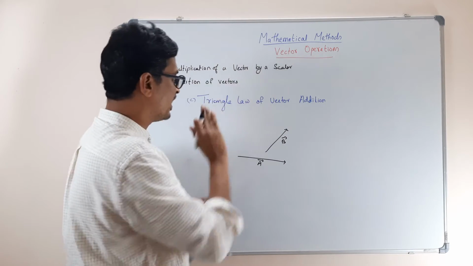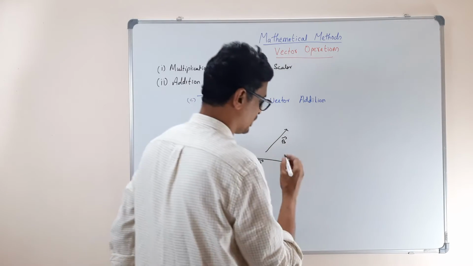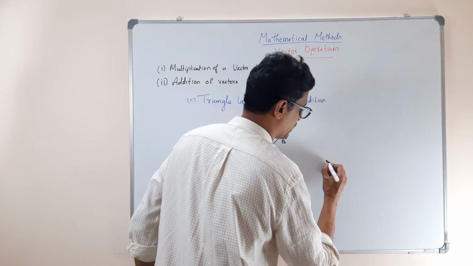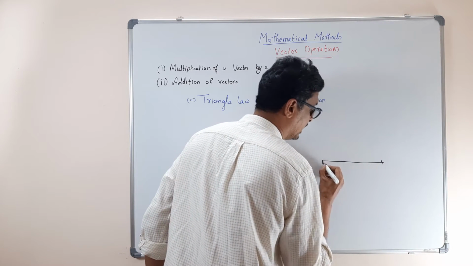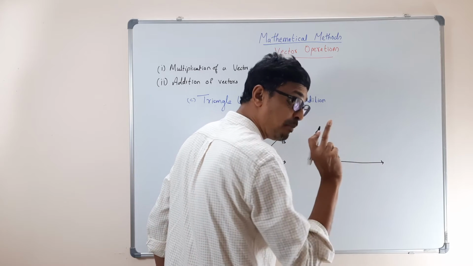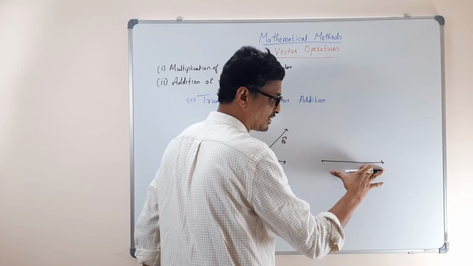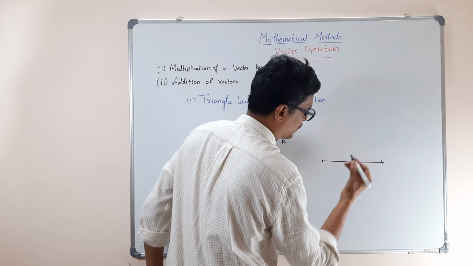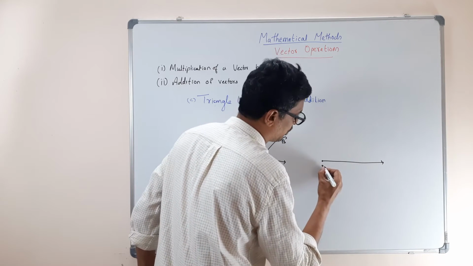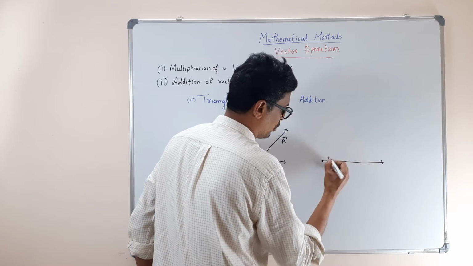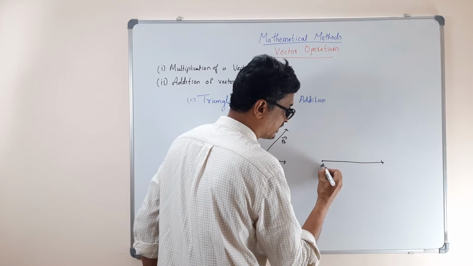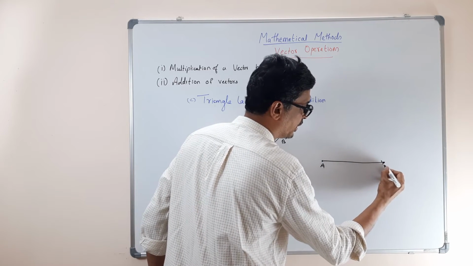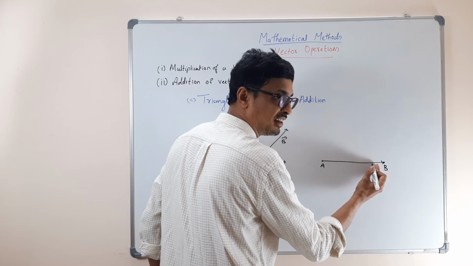So what the triangle law of vector addition tells is, you draw the vector. Suppose this is the A vector, represented by direction and magnitude. Remember, this length is always the magnitude.